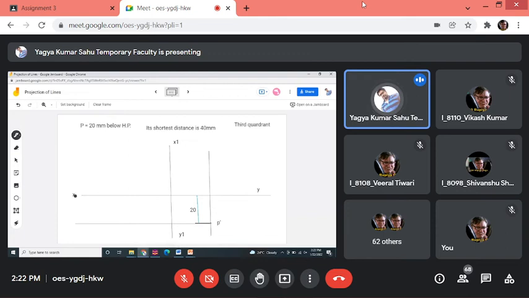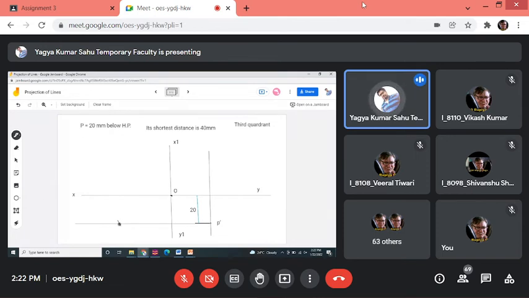Its shortest distance, means distance from this particular point, say O, the intersection of all three planes, that is 40 mm. So with a radius of 40 mm, center O, find a point on this projector line passing from P dash. Is it? Yes or no? Yes, sir. So you'll get an arc like this and locate a point.